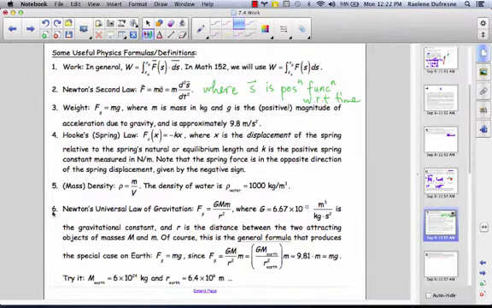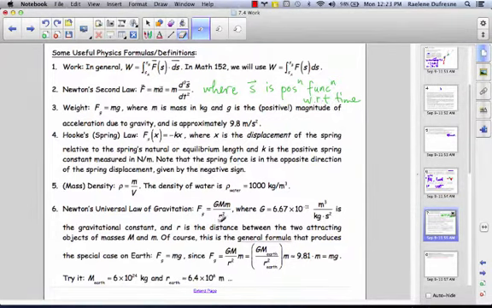Later on, if you go down to number 6, we can see how this g value of approximately 9.8 has been derived by using Newton's universal gravitation law, which finds the gravitational force between any two objects. Meanwhile, the weight force is a special case of the general gravitational force between any two objects, because the weight force of an object is the specific gravitational attraction between the object and the Earth.